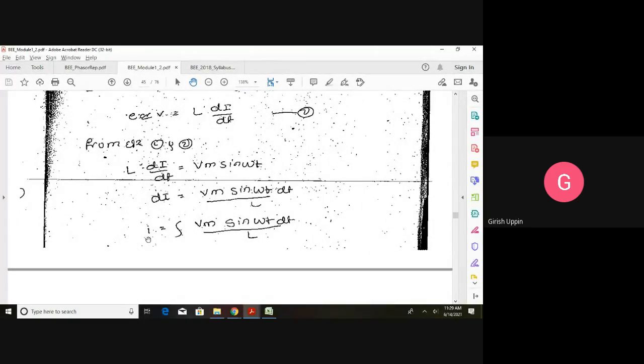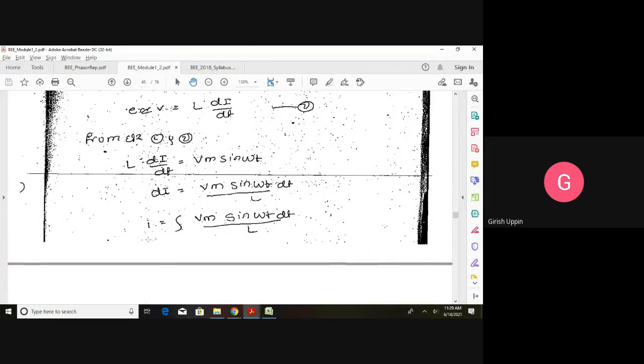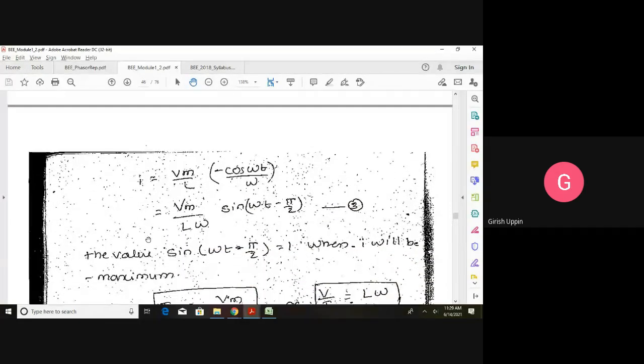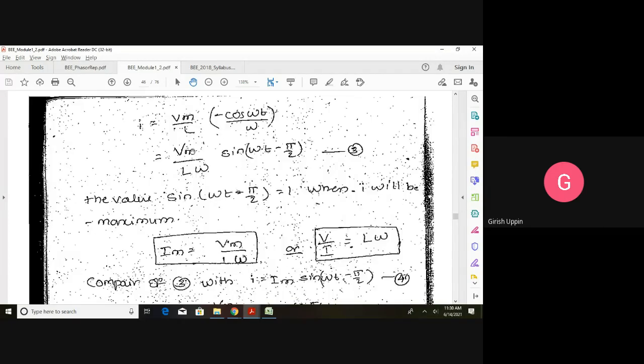Integrate on both sides, you get the value of the instantaneous current, and once you simplify, you get the equation I is equal to Vm by L omega sin (omega t minus pi by 2). So this is I is equal to Im sin (omega t minus pi by 2). This indicates that the current is lagging the applied voltage by 90 degrees.